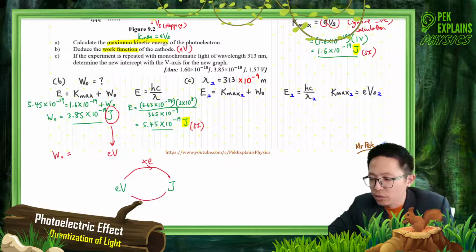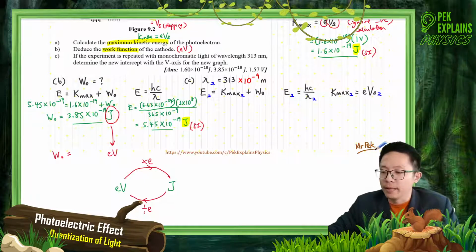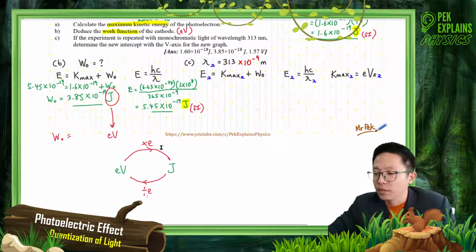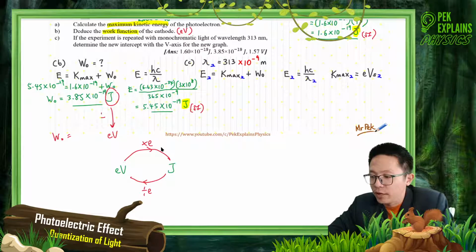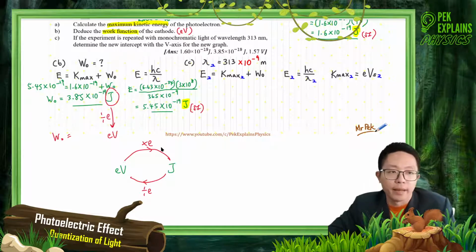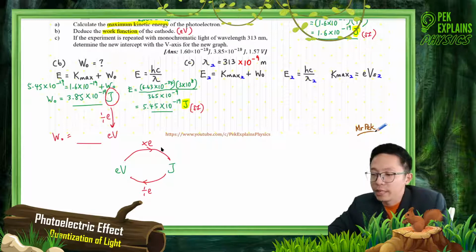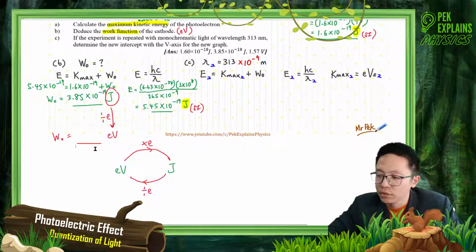From joule to electron volt, I divide by electron charge. Then you can get your work function in electron volt.